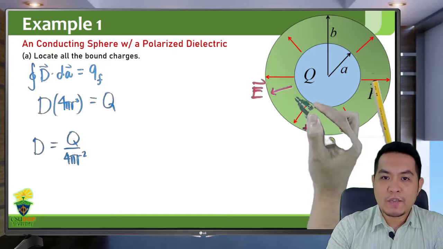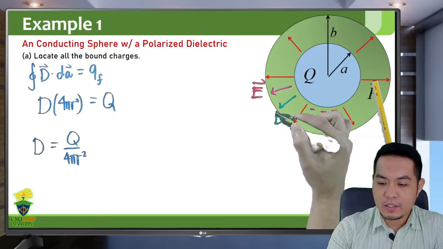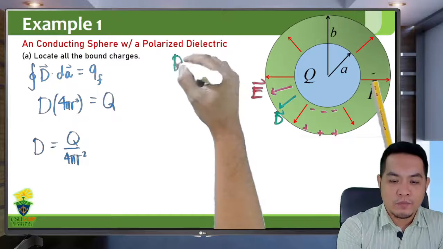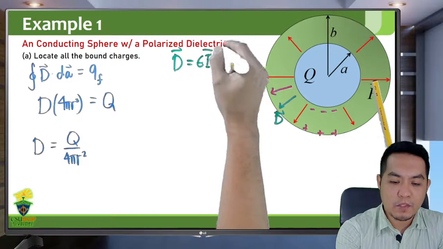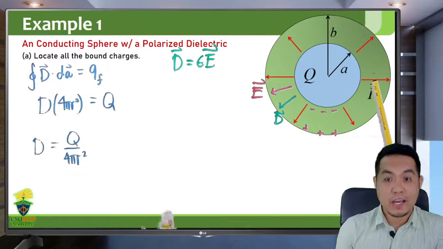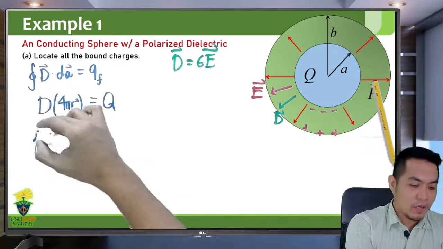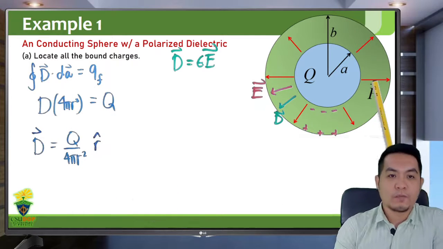Hence, the direction of the displacement is also radially outward. Take note from our earlier result, the electric displacement is basically just the total electric field, so they have the same direction. Our displacement vector D has a direction of r hat.